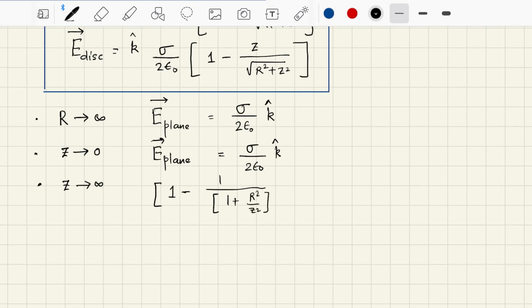And when r by z, z is large, so r by z is small, and hence this can be approximated by an expansion, because this is of course half.